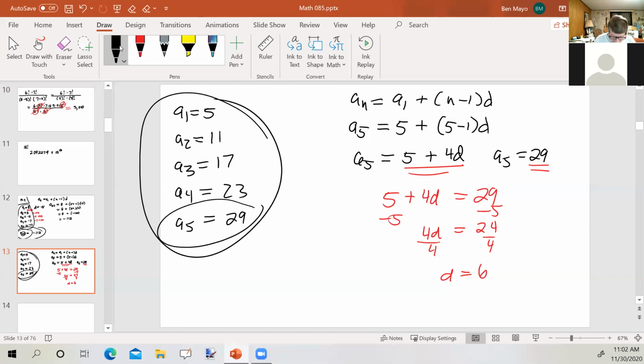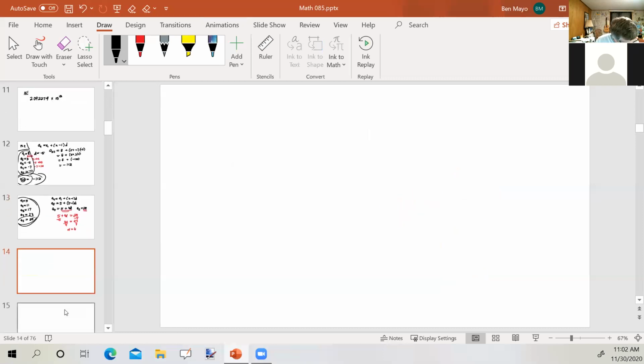All right. Any questions before we go on to another example? This says, insert the given number of arithmetic means between the numbers. So that is numbers that are equidistant from both ends. Here it says, put in 3 arithmetic means between 20 and 80.